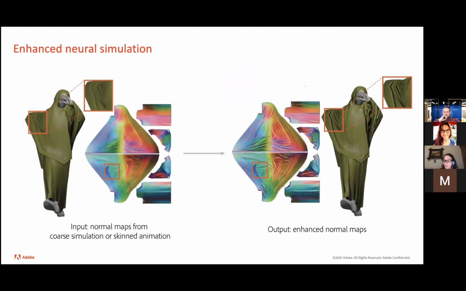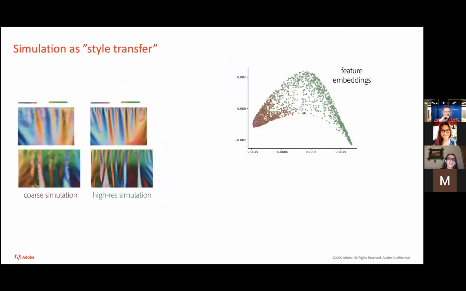The main contribution of this work is actually to cast this problem of adding details as a style transfer problem. As you may know, style transfer has recently been very well researched, and there has been a lot of progress. So let's first see why this problem can be a style transfer problem. Here you see the normal maps of a garment obtained with coarse simulation and high-res simulation.